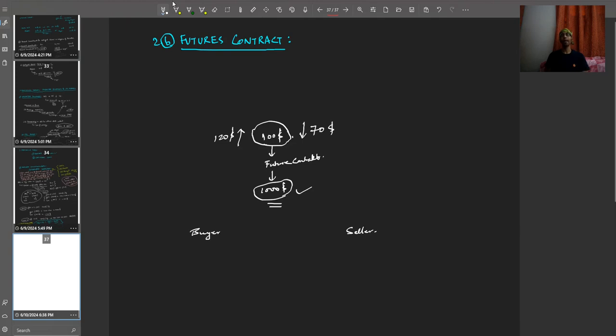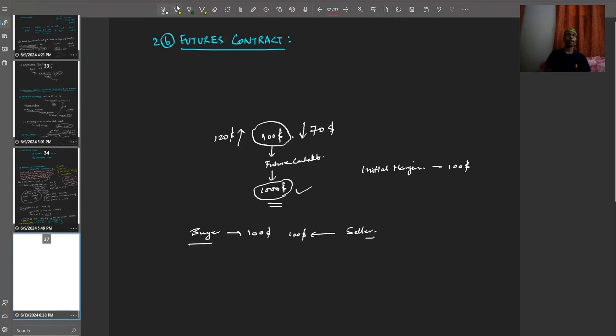They just need to pay something called the initial margin. Let's say in this case it is $100, right? So they both put in their accounts $100 each to enter into this contract. One is on the sell side, one is on the buy side.